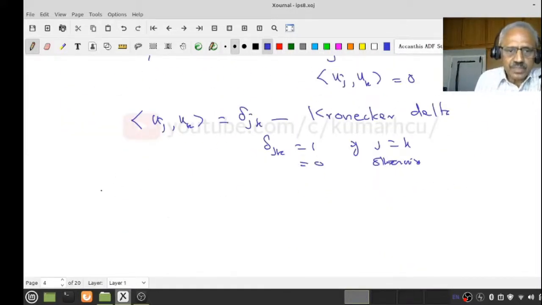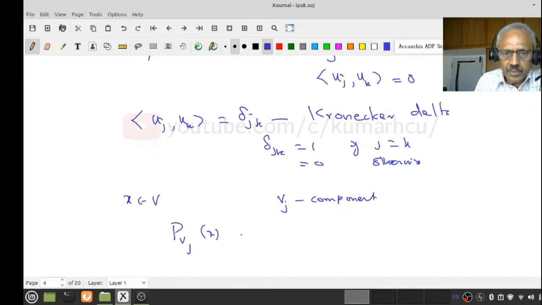To make my life easy, when I want to project some vector x onto the Vj component, instead of writing P_Vj of x, I will write P_j of x. And what is P_j of x?